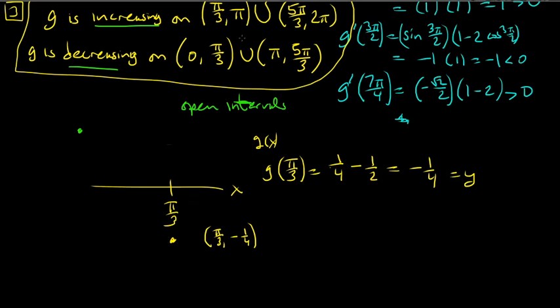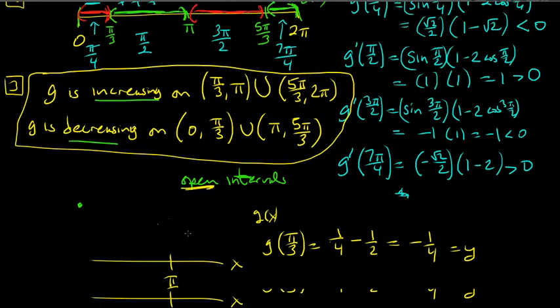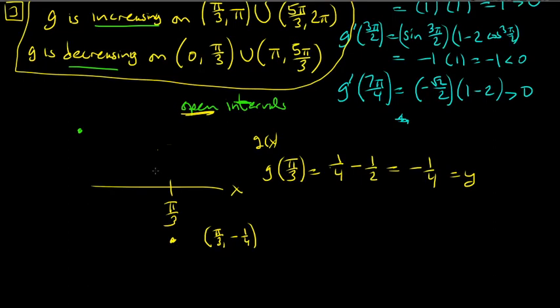So that's the reason why we don't use brackets here, why we don't include the endpoints. Right? So what's happening here, of course, is at pi over 3, the graph will look something like this. So yeah, it's not increasing or decreasing at this point, because this is where it changes from decreasing to increasing at pi over 3.